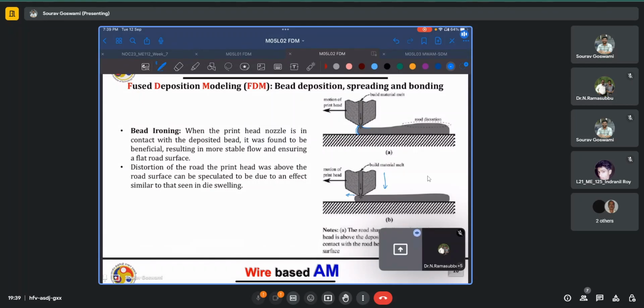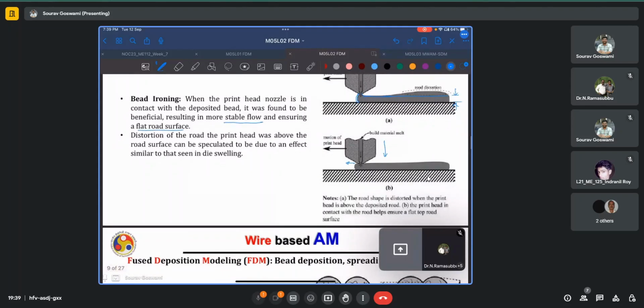What this helps us achieve is to first maintain the Z accuracy, as we see that in this case there was a distortion from the desirable layer height. It also results in more stable flows and a flat road surface. Again, this phenomenon may be thought of as similar to what we saw in the case of die swelling.